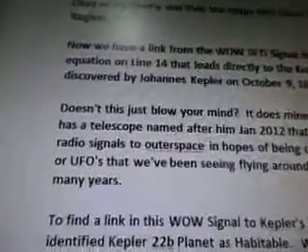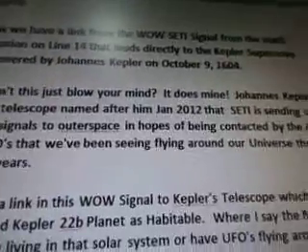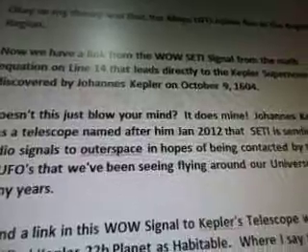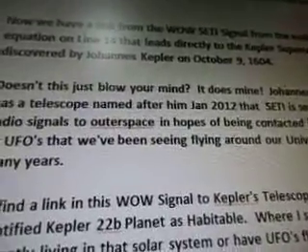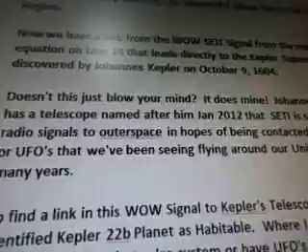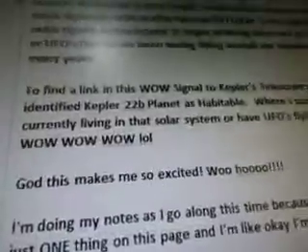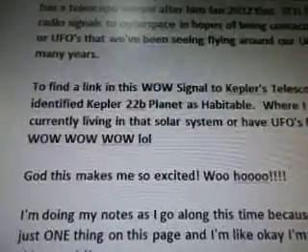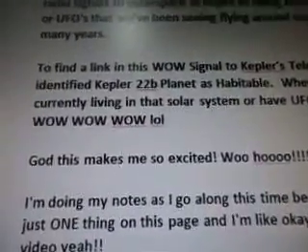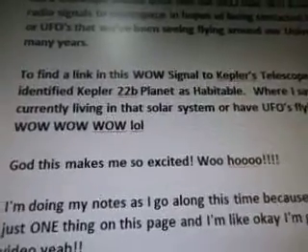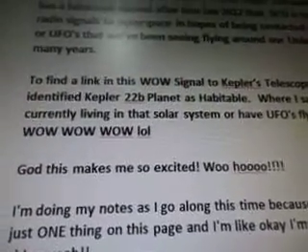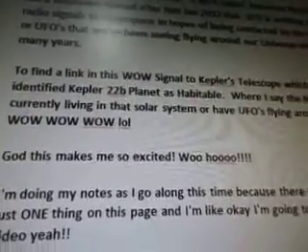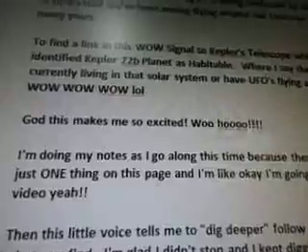Johannes Kepler now has a telescope named after him, and in January 2012 SETI is sending out radio signals to outer space in hopes of being contacted by the aliens or UFOs that we've been seeing flying around our universe these many years. To find a link in this WOW signal to Kepler's telescope, which has identified the Kepler 22b planet as habitable, where I say the Maya are currently living in that solar system or have UFOs flying around in it. Wow, wow, wow. God, this makes me so excited.